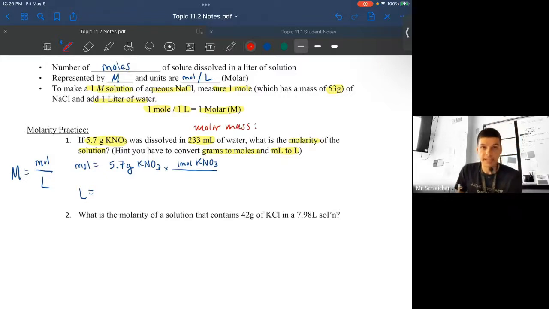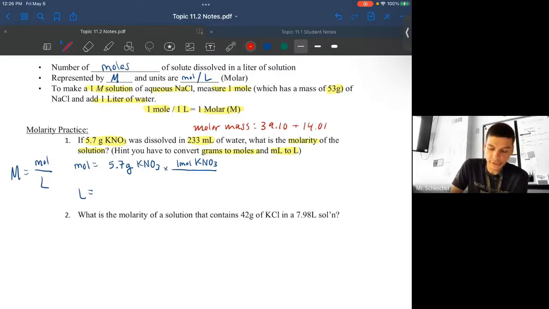So for the molar mass of KNO3, we're going to take the mass of K, which is 39.10. We will add the mass of N, which is 14.01, and add the mass of 3 oxygens, which is 16 times 3.